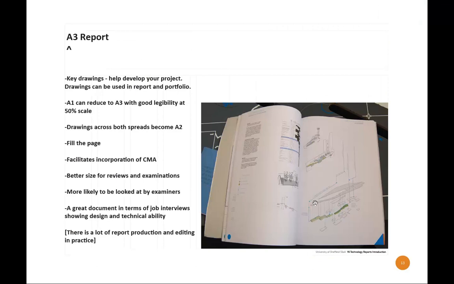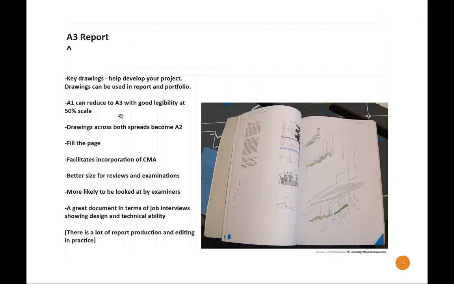If you look at the example here, the page on the right is a drawing. It's purely a drawing put on a sheet. And then on the left, we've got a few other smaller drawings, and a little bit of text. For the technology, it needs to be drawn. It's not a dissertation. We're not looking for 10,000 words of writing.